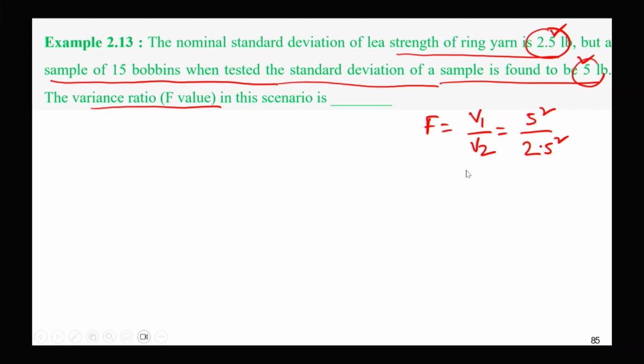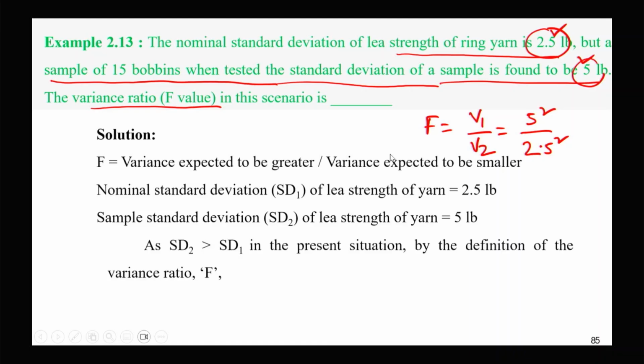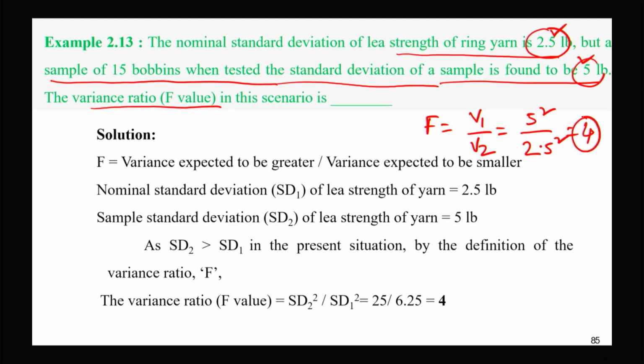So, that way we can calculate the variance, and which is 4. So, F variance ratio is 4 we have got.